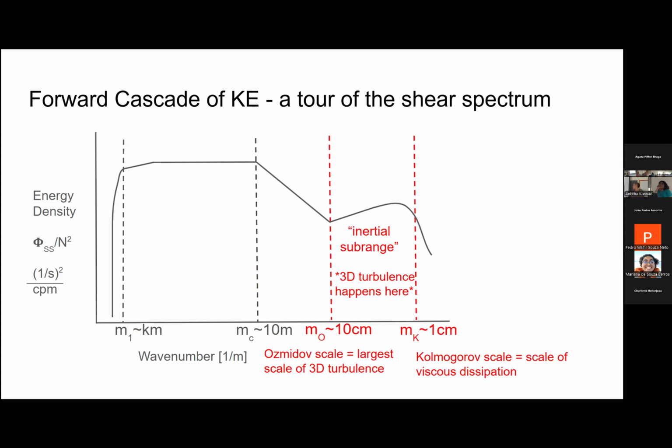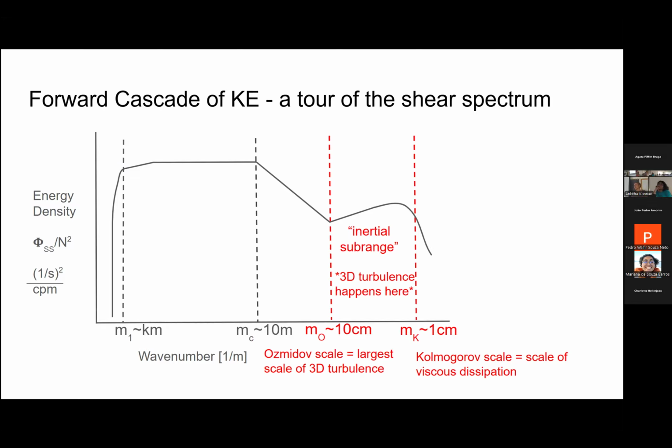The smallest scale would be the scale at which viscous dissipation becomes dominant and the kinetic energy is dissipated. This tends to account for 10 centimeter to 1 centimeter scales, which is a really uncommon scale to measure things at in most oceanography.